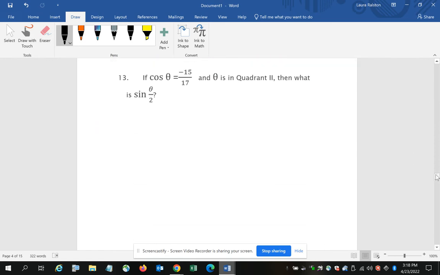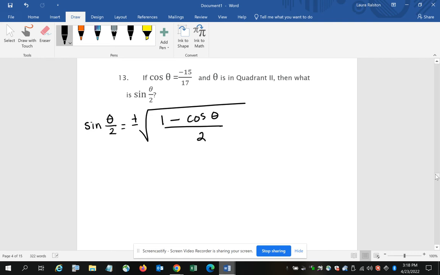All right, question 13 says if cosine theta is negative 15/17 and theta is in quadrant 2, then what is the sine of theta over 2? Okay, so this one, again, they're asking you to do the half angle, and the sine of theta over 2 is plus or minus the square root of 1 minus the cosine of theta all divided by 2.